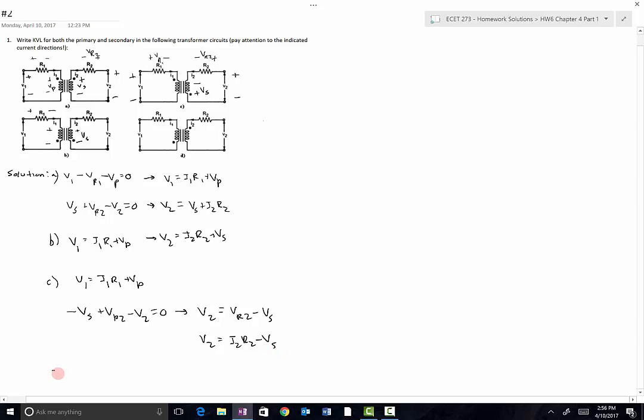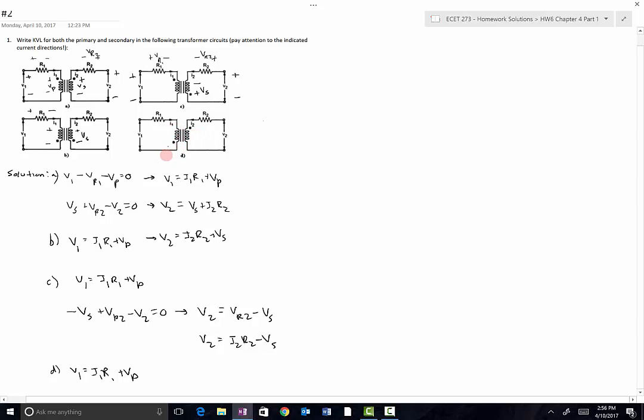So in part D, I think we've done enough examples. We see that in part D, the primary hasn't changed again, so it's V1 equals I1 R1 plus VP, so that doesn't change. What we now need to do is just keep track of what the polarity of the secondary voltage is going to be over here.